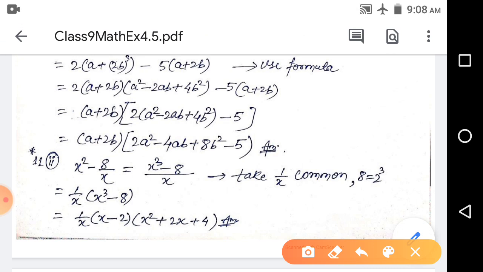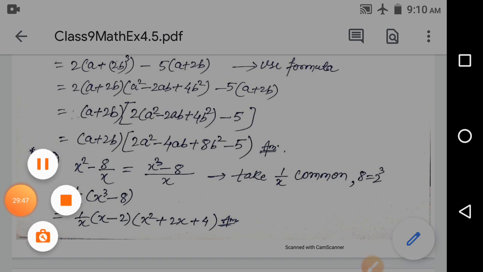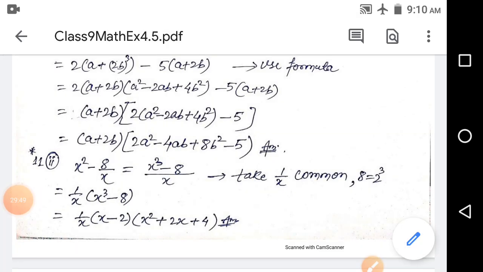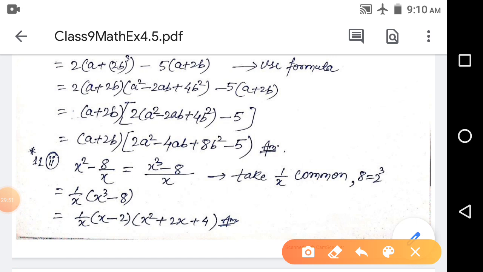Here we have x square by 8 by x. 8 is a perfect cube, but none of the other terms are perfect cubes. So first we can use the LCM here. After taking LCM, you can easily understand that 1 by x can be taken out common, and what is left is x cube minus 8 in the numerator.